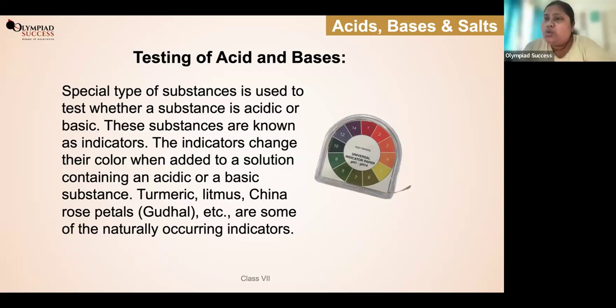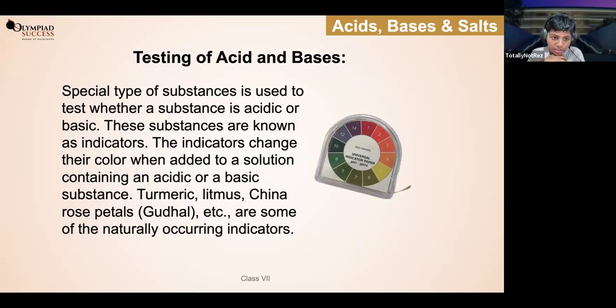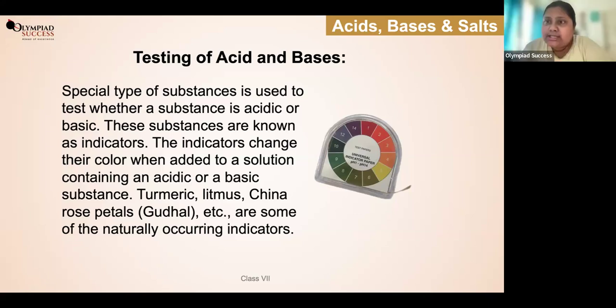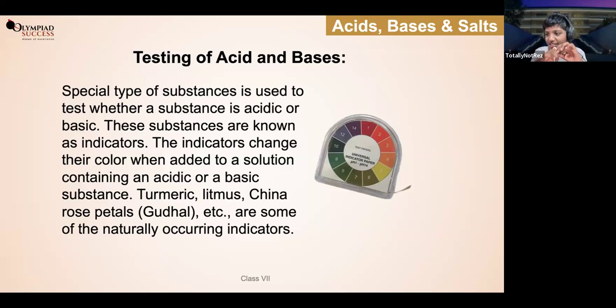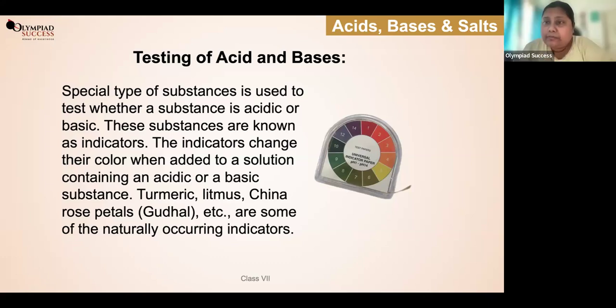Yes, but how do they indicate that? By reacting to them, by changing their color. Now there are certain types of indicators that don't change their color, but change their smell as well. Onion indicator. Yes, onion. You are right.